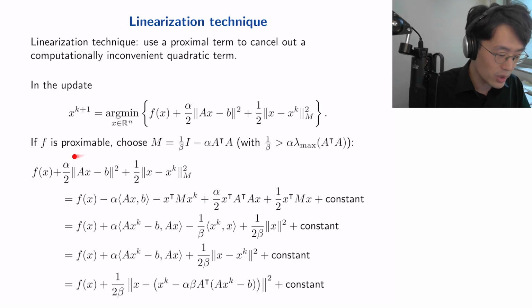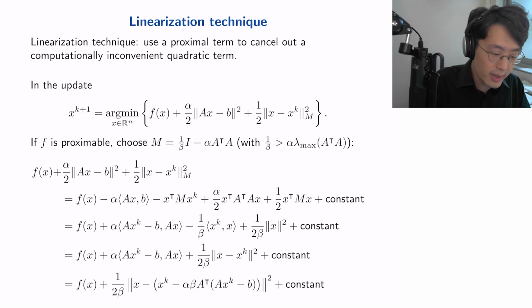We expand this quadratic term, and when we do so, we get the cross term, and then we have alpha over 2 times b squared, but that's a constant that does not depend on x, so we ignore that part. And then we have alpha over 2 times x transpose A transpose A x. So this is a quadratic term in terms of x. And then we expand this term.